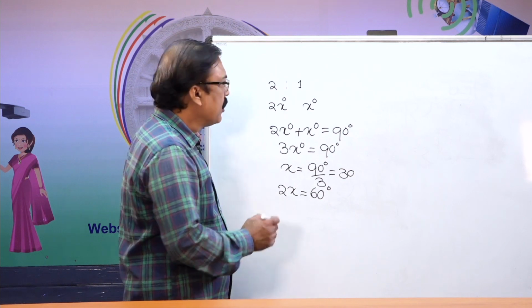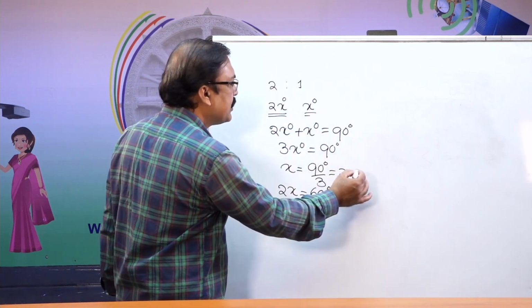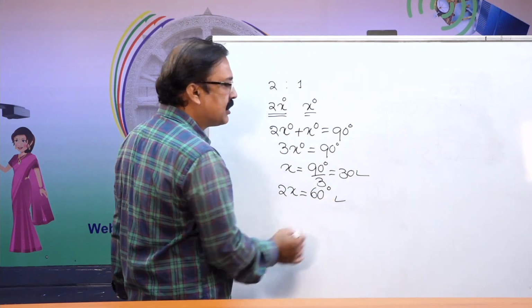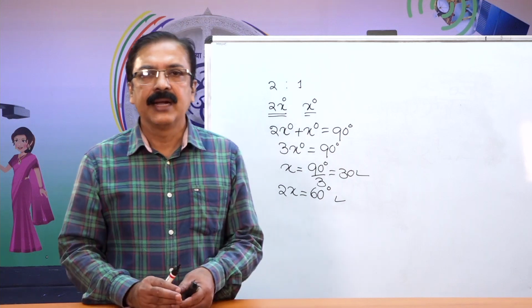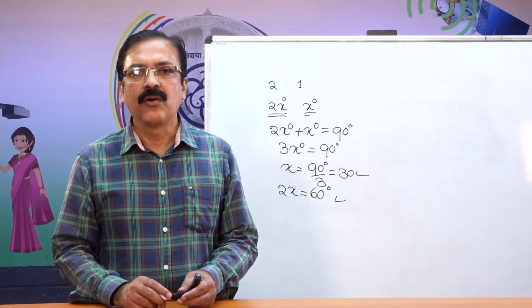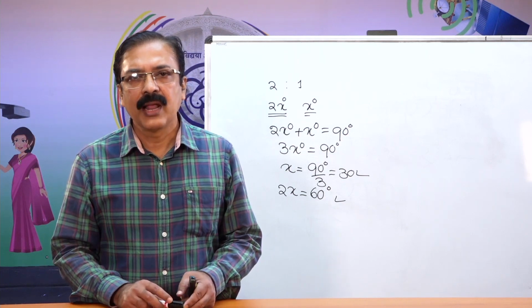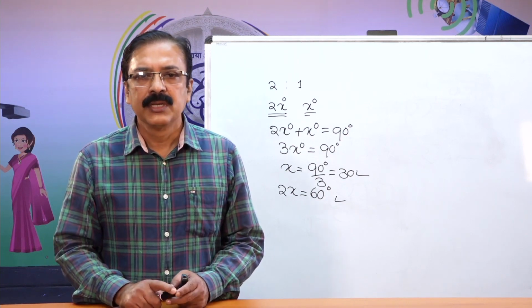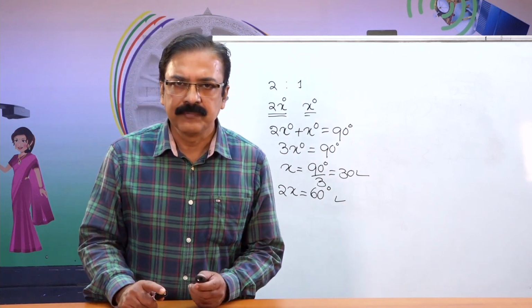Now see, x is 30 and 2x is 60, and the sum is 90 degrees. So 60 degrees and 30 degrees are complementary to each other. Similarly, we can have many such problems with supplementary angles also.